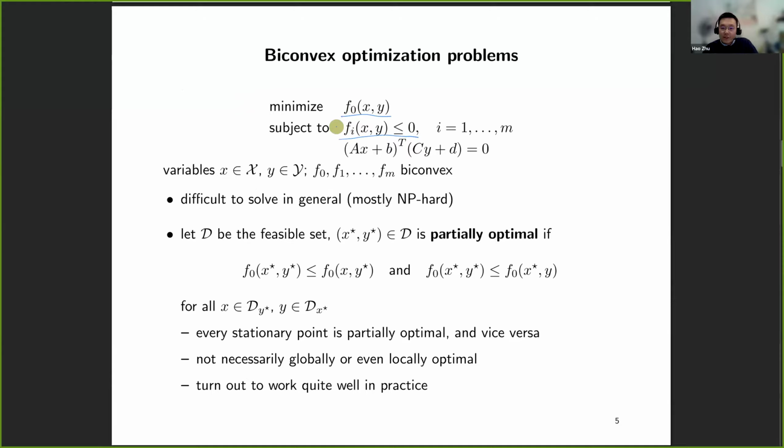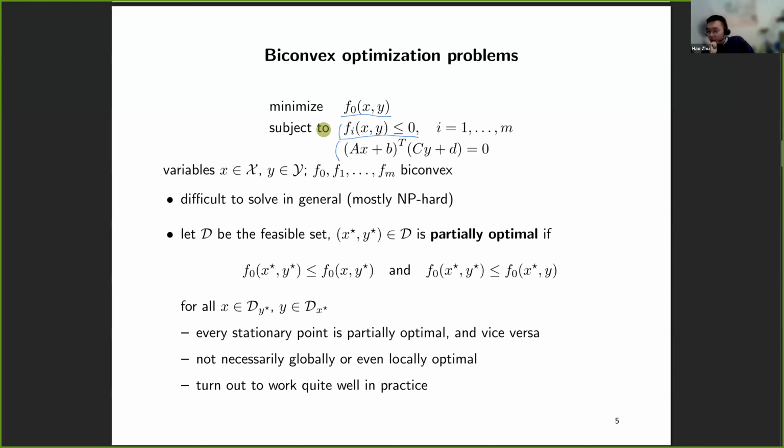And again, you may notice, so this is a biconvex set, and you can show this is also a biconvex set. So an abstract form of biconvex optimization problem would be minimizing some biconvex objective subject to a biconvex set. And I think many theories, right, analyses are based on this abstract form. But in practice, I think this form is more useful to specify problems or something like this.